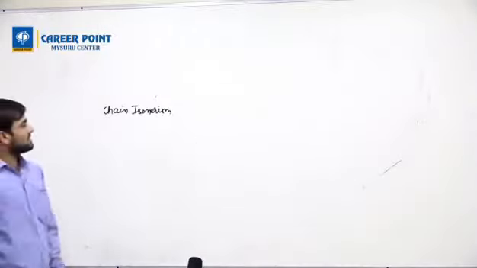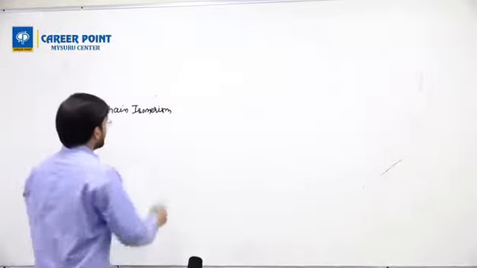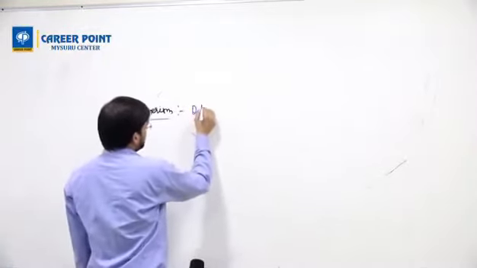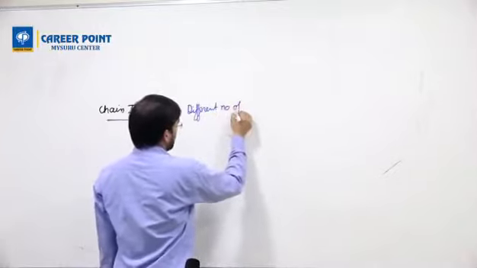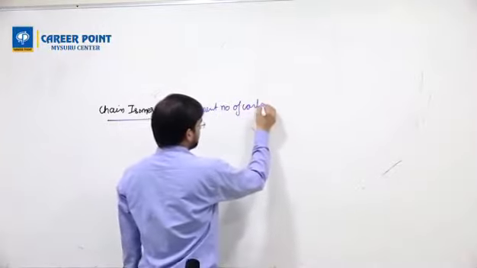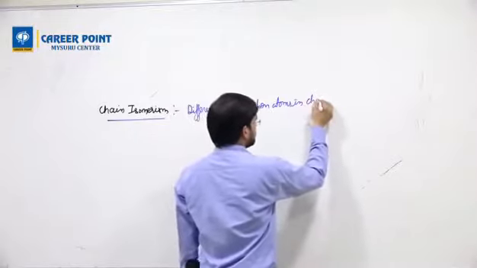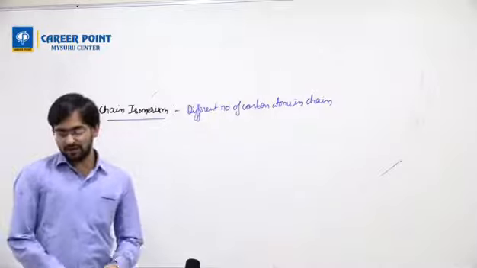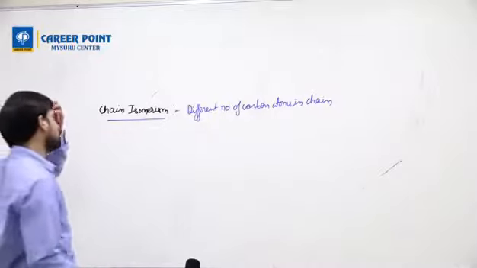Now, in the case of chain isomerism, it is very clear with the name: a different number of carbon atoms in the chain. There should be a different number of carbon atoms in the chain.